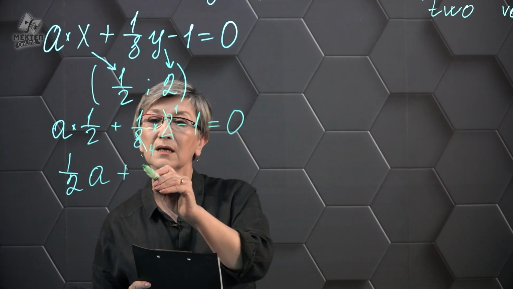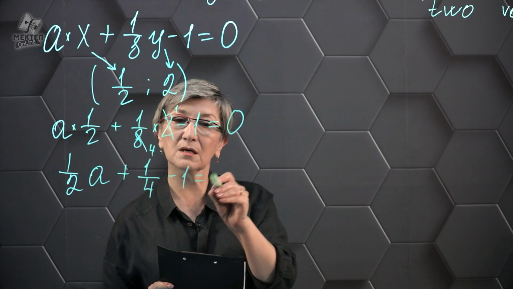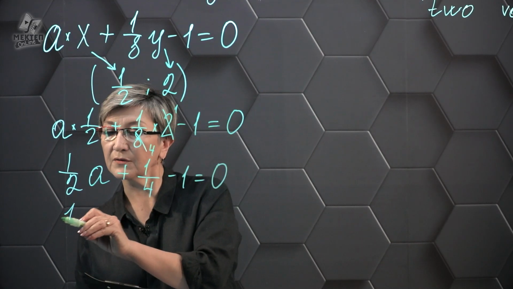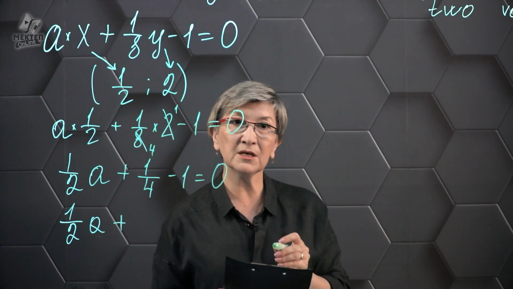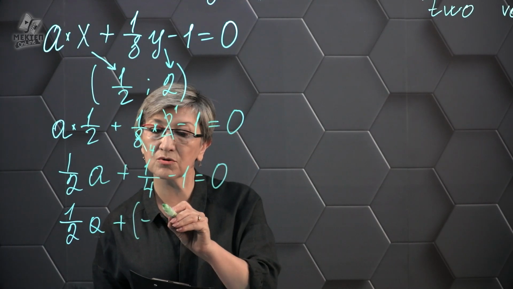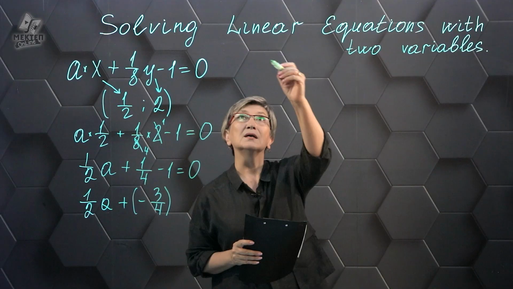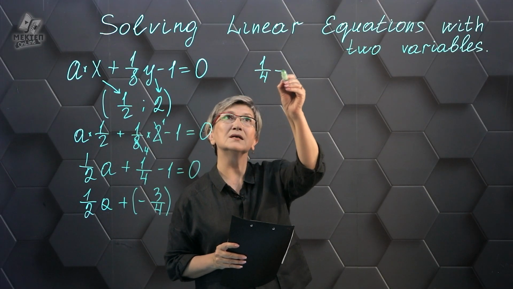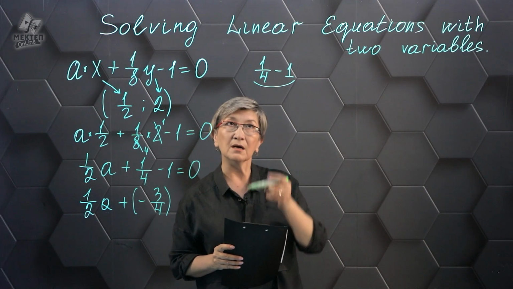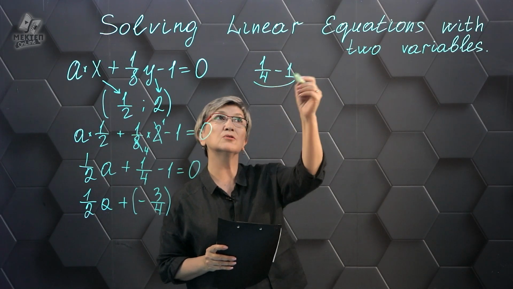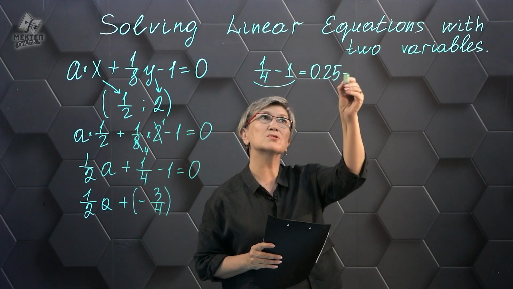And then 1/2 a plus 1/4 minus 1 equals 0. Plus 1/4 minus 1 is minus 3/4. By the way, if you're having trouble finding the value of this expression, you can write 1/4 as 0.25 minus 1.